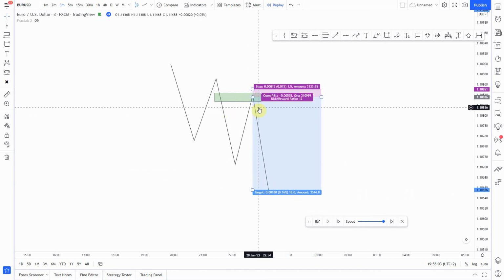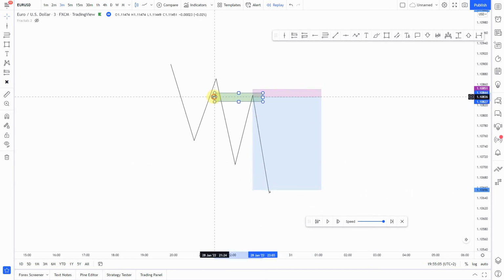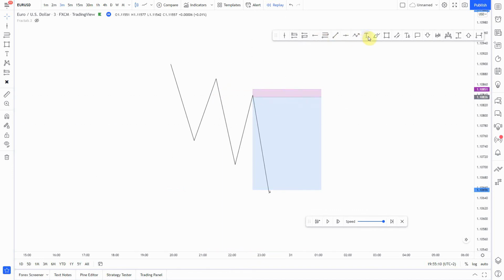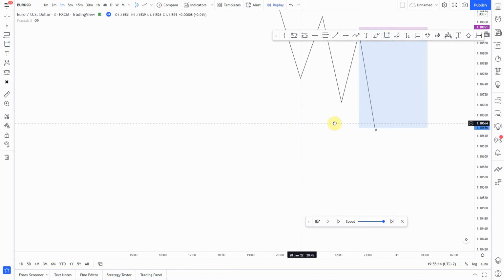Okay, so the point of interest, normally it is the last up close candle that took out liquidity. What do I mean by that?